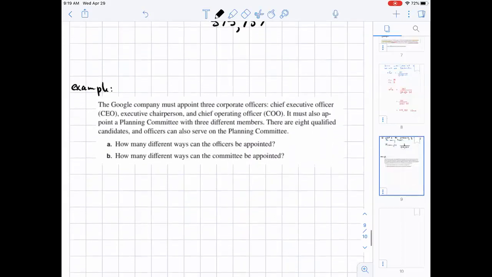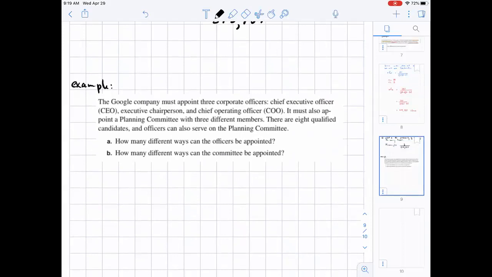So here's another example that we can do. You want to appoint 3 officers. The 3 officers we're looking at are the Chief Executive Officer, the Executive Chairperson, and the Chief Operating Officer.